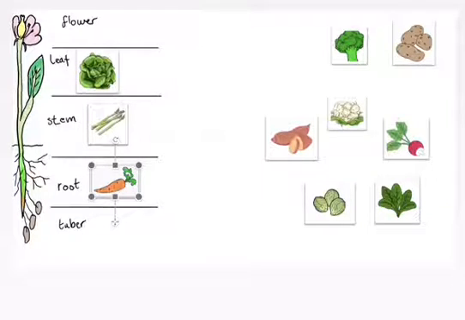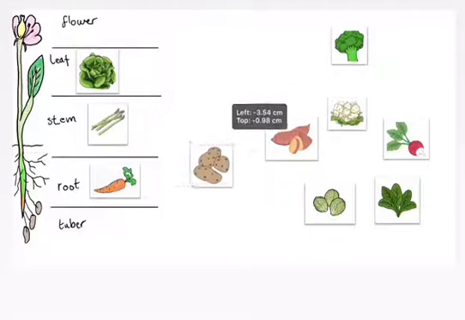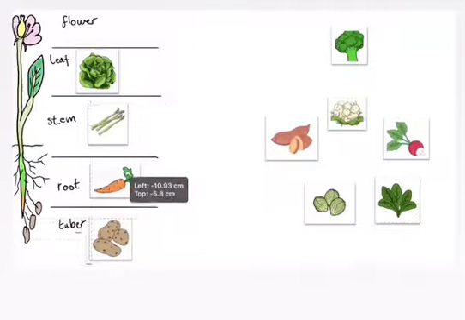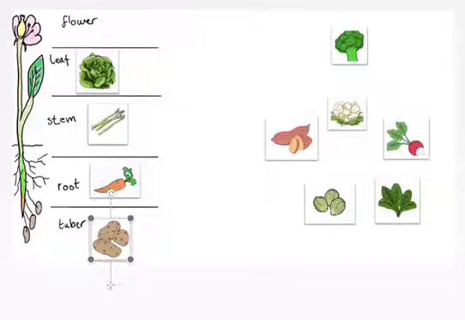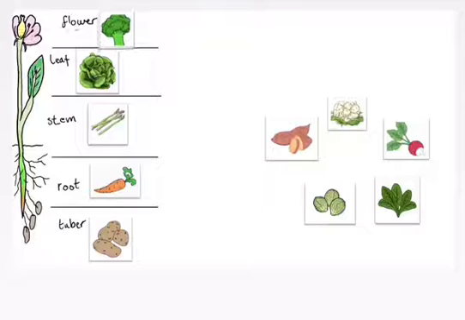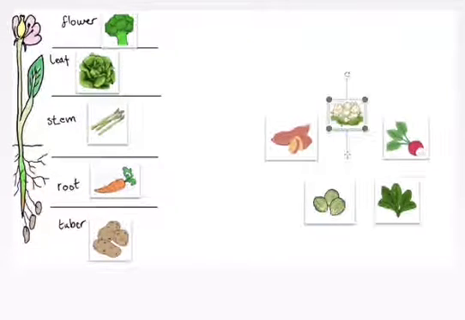What have we got next? We have got a potato. A potato is actually the tuber off of the root system. The broccoli. Broccoli is actually a flower off of a plant. Cauliflower. Oh, it's gone back again.